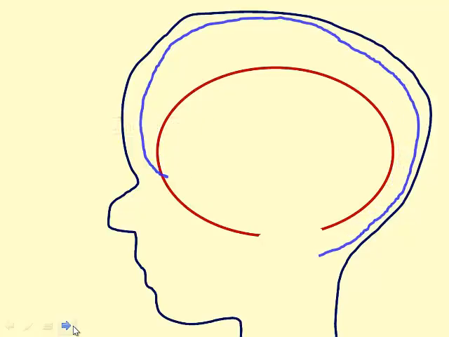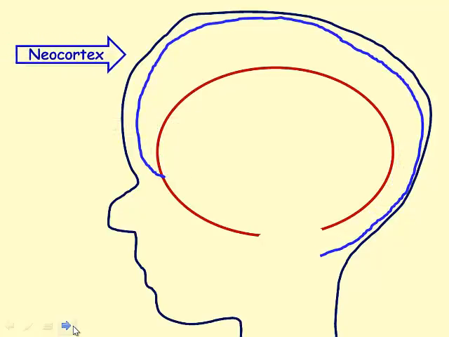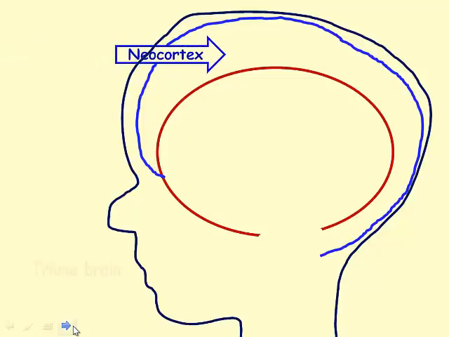The area that wraps around the brainstem that I've colored red is called the limbic system. Limbic means border and is the area between the brainstem and the neocortex. Neo means new. This is the area that I have outlined with blue that wraps around the limbic system.